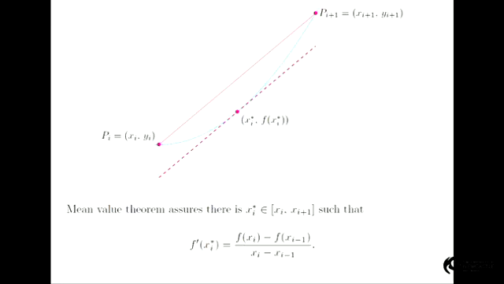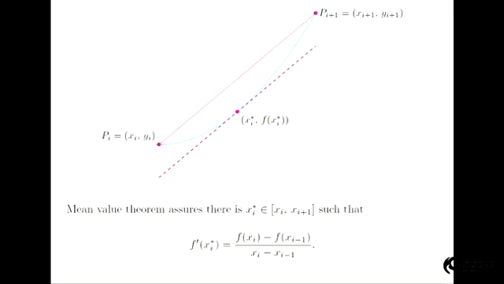So here I have drawn two points on this curve, and that other point with the dashed line is a point at which the tangent line has the same slope as the slope given by connecting those two points. And this is always possible provided that the curve that we're speaking of is continuous and doesn't loop over itself, for example.